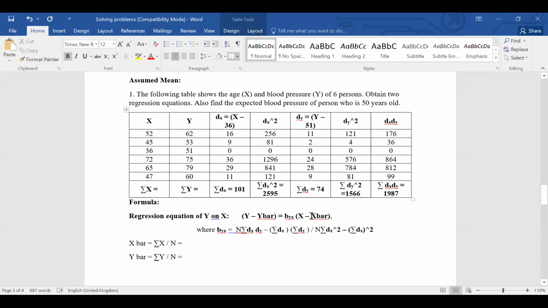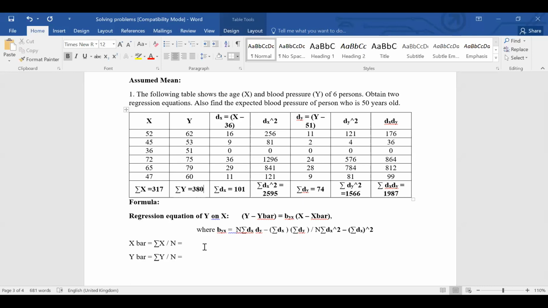The formula is y minus y bar, x minus x bar, so we need to calculate x bar also here. What is the summation x? 317. Summation y? 380. Okay. Now we got all these values. I think this part is very clear, right? We are following the same procedure.